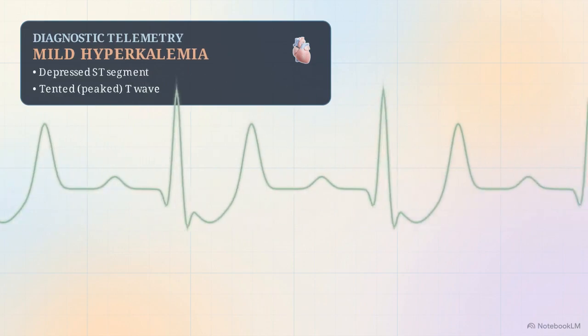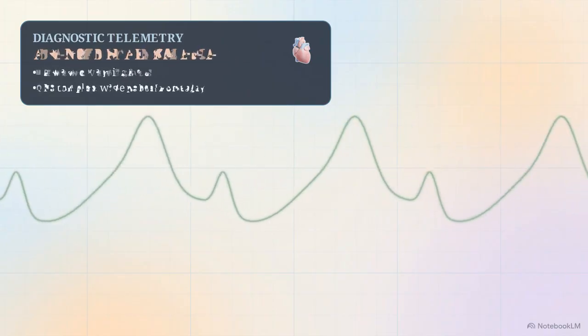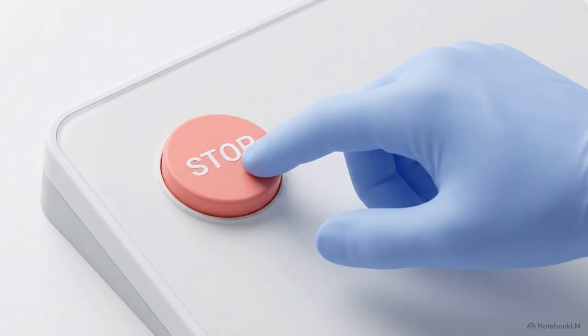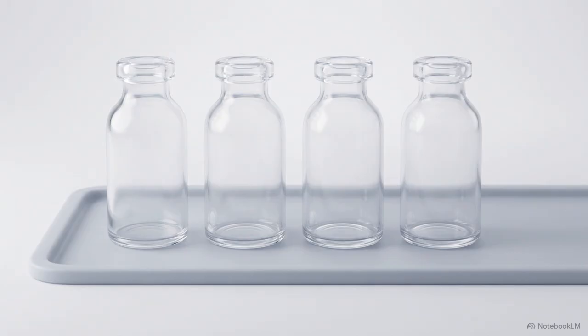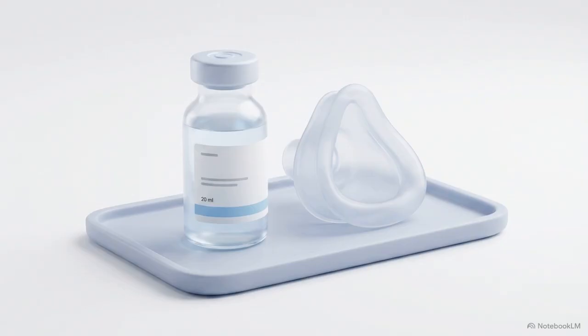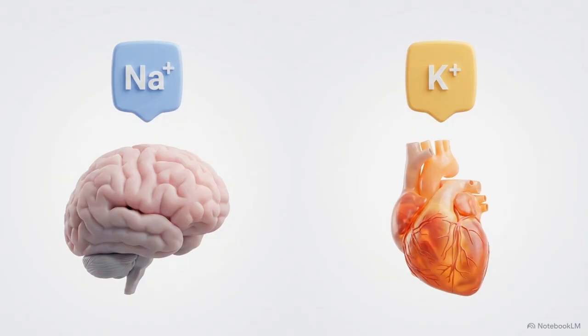In the terminal phase, the P wave vanishes and the QRS complex widens, fusing into a fatal sine wave pattern. The immediate priority is the cessation of all potassium-containing fluids and supplements. We then initiate a pharmacological cascade: calcium gluconate to stabilize the heart, followed by bicarbonate, albuterol, and insulin to force potassium back. While sodium management requires slow, calculated neurological adjustments, potassium crises require immediate, aggressive cardiac intervention.